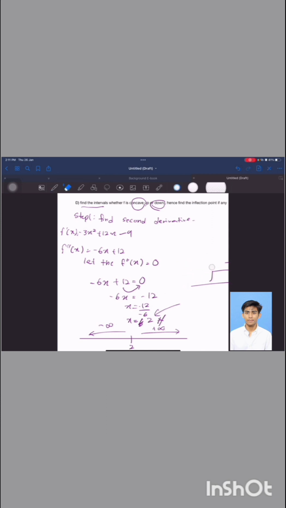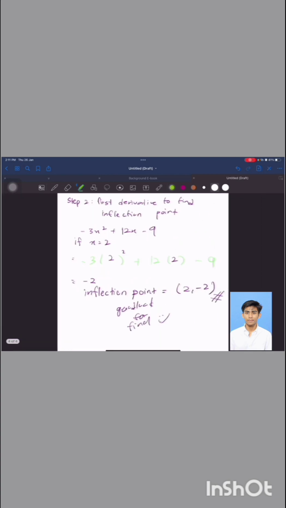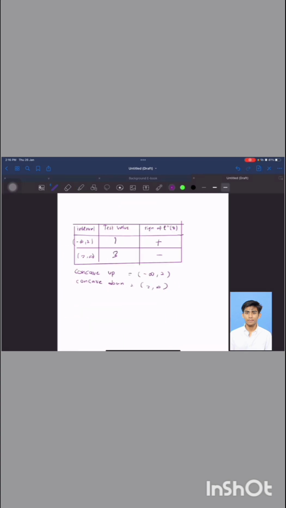You need to determine either concave up or concave down. So then take a test value between the range of the critical line, and insert the test value into the equation of the second derivative, and then you get this.